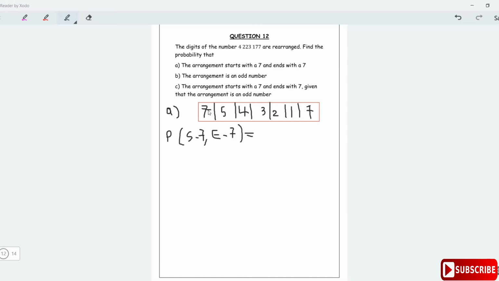If it starts with a 7, there's only 2 ways we can choose a 7 right here. That's why I put the 7 there. And then when another 7 is here, there's only one way.